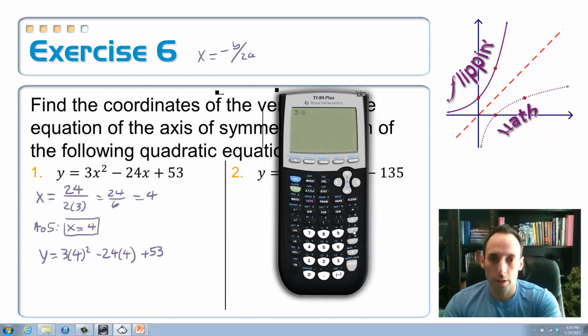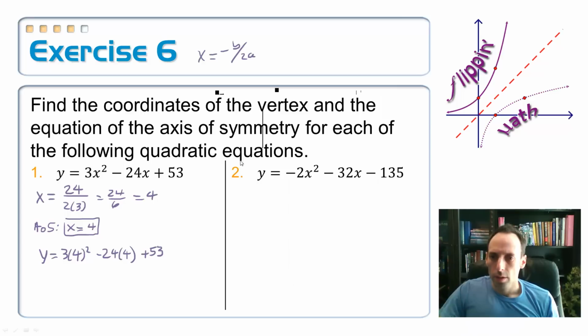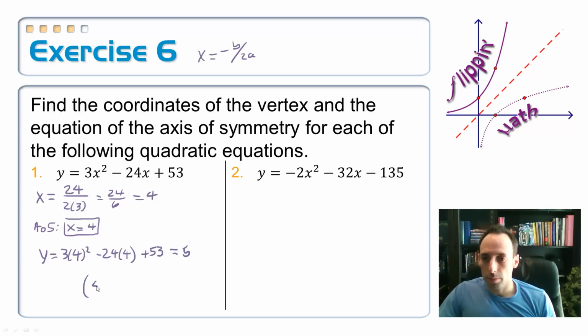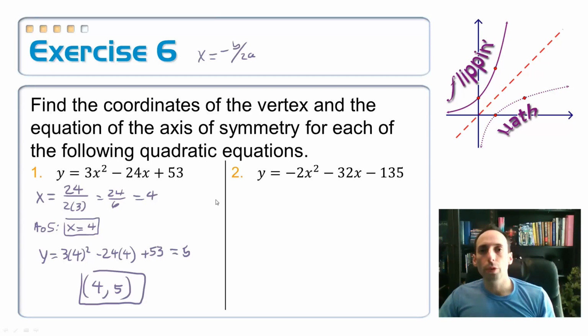Alright, so I've got 3 times 4 squared minus 24 times 4, plus my 53. Okay. This is all equal to 5, which means that the coordinates for my vertex are simply 4, 5. Very nice.